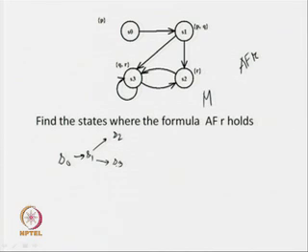Again from S2 it is going to S3, and from S3 it is coming back to S2 like that, and from S3 it may remain in S3, or it may go to S2 like that.